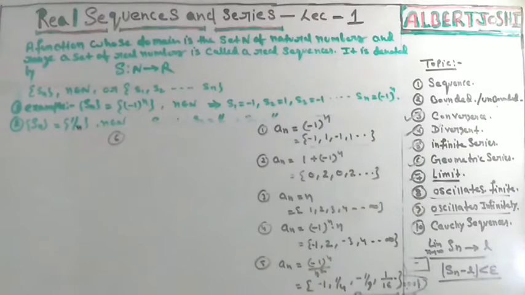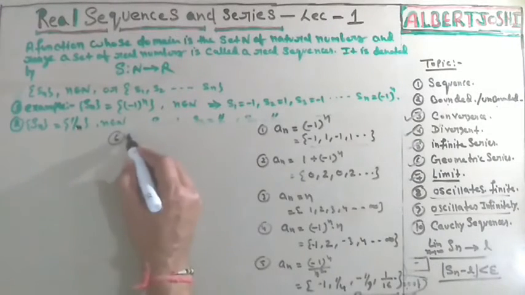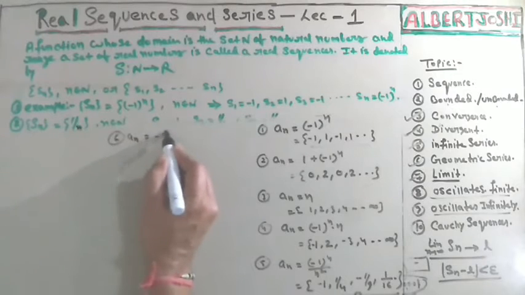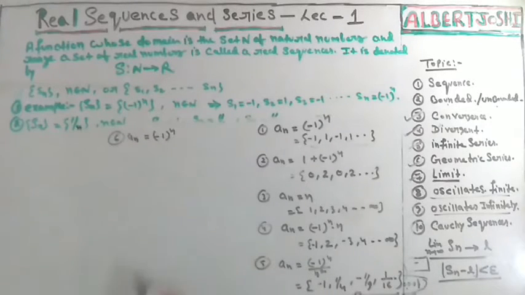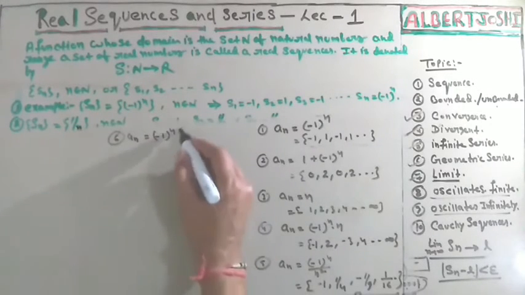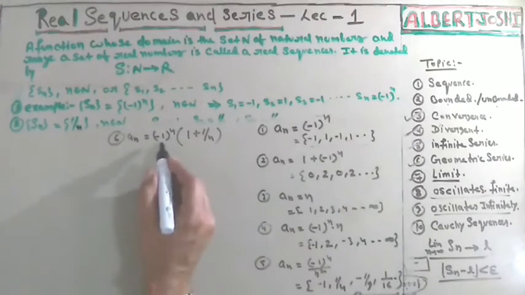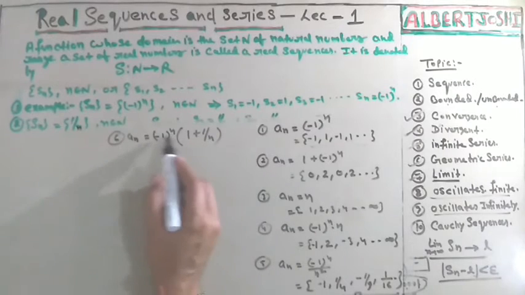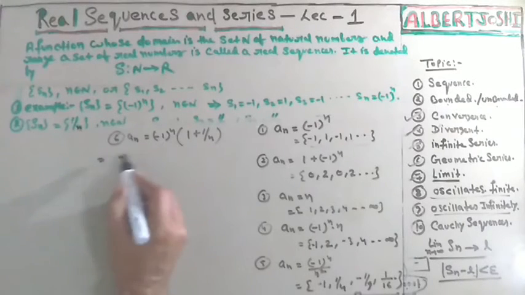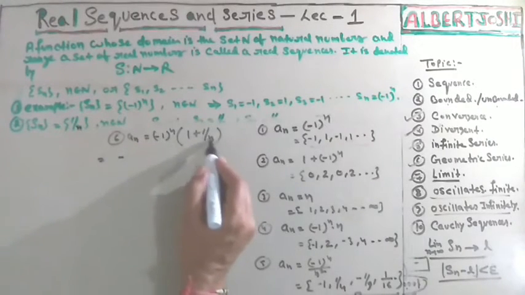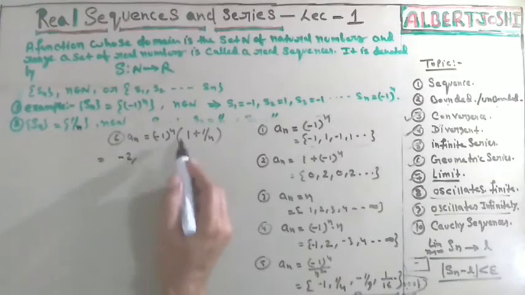Sixth, suppose you have a_n = (-1)^n times (1 + 1 upon n). In this condition you can see that if you put 1, then you are getting minus 2, that is minus (1 + 1).